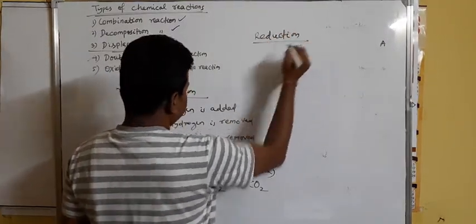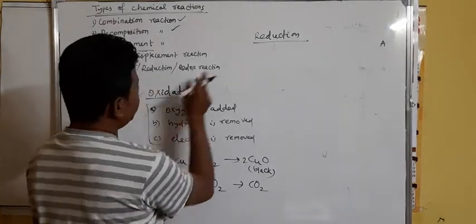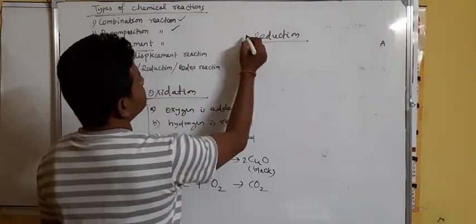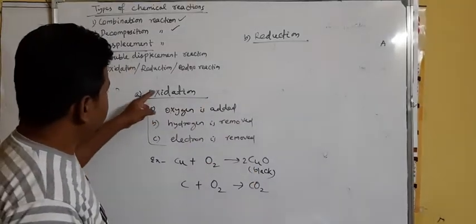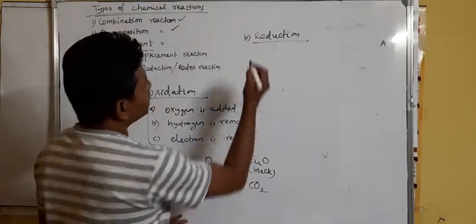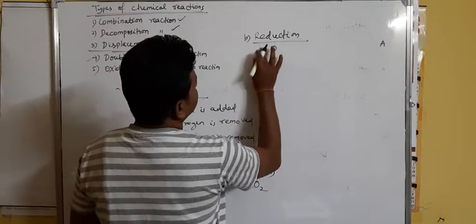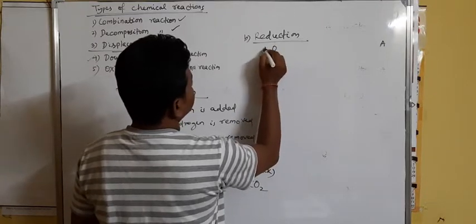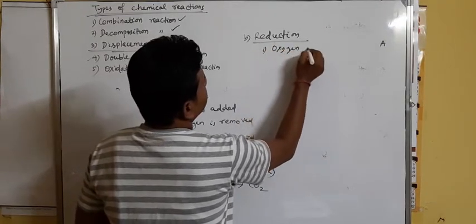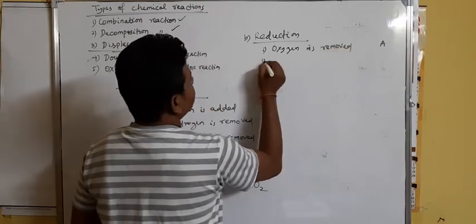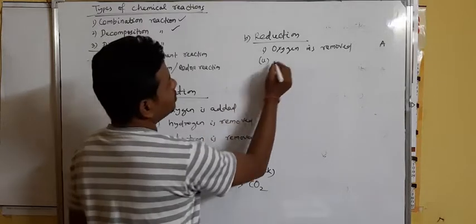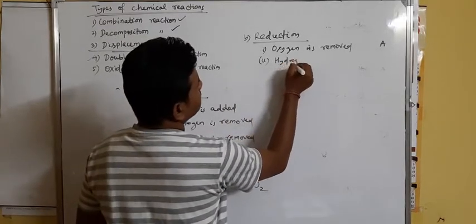Then we'll go to reduction. Oxidation and reduction are just opposite to each other. In oxidation, oxygen is added, so in reduction, oxygen is removed. Here hydrogen is removed, here hydrogen is added.